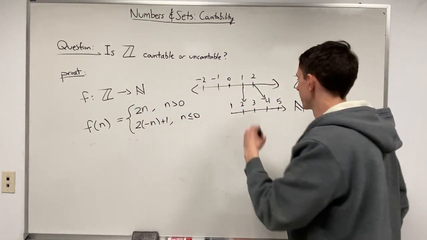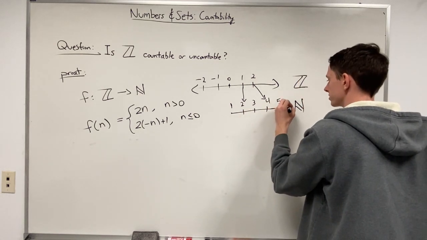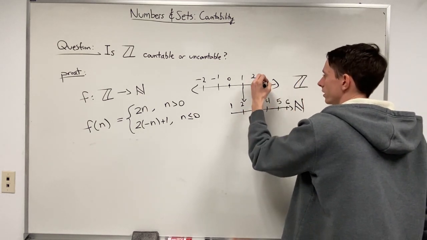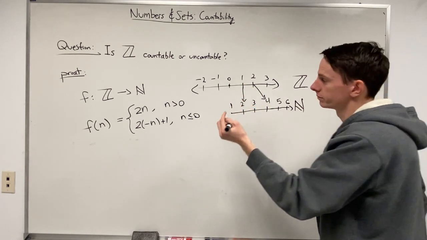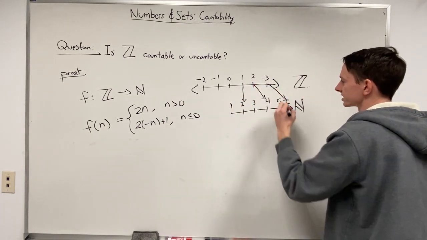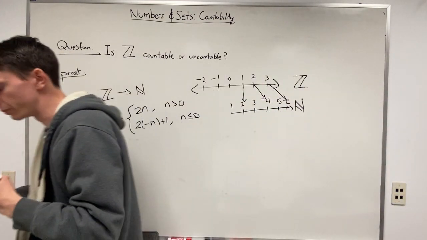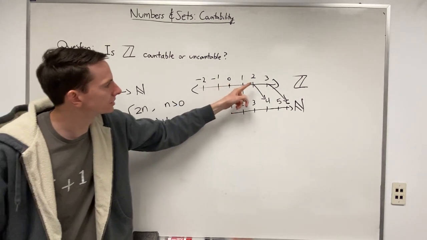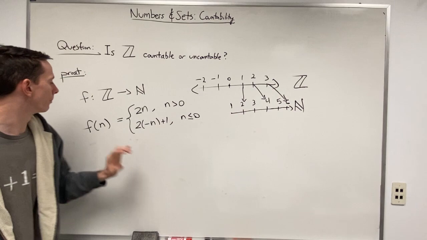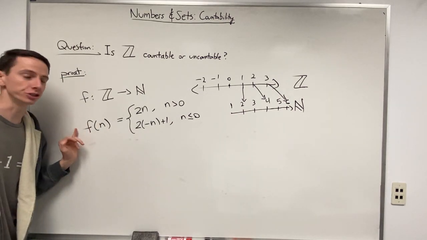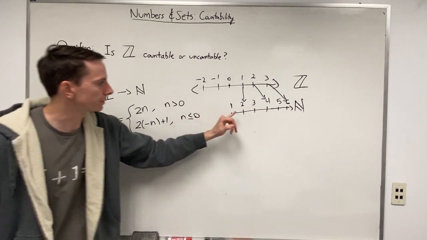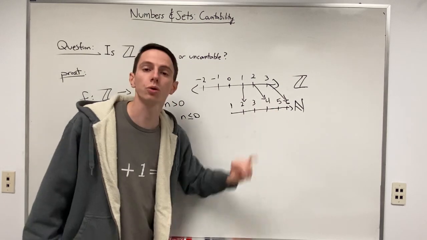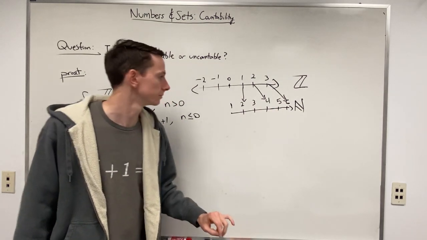And you can imagine if we had 3, that's going to be 3 times 2, or just 6. And hopefully we start to see the pattern here, that all of the positive integers, by how this function is constructed, are mapping to all of the even natural numbers.